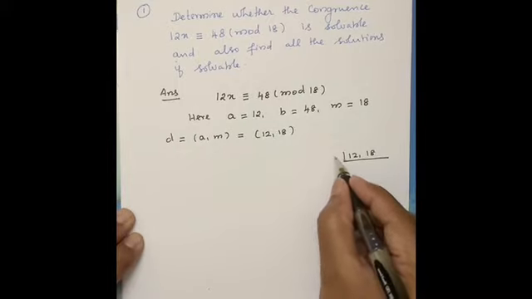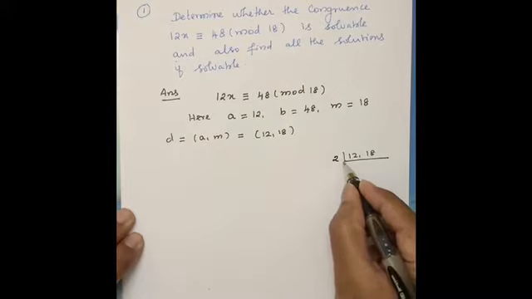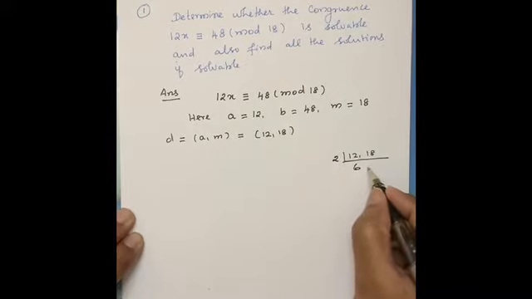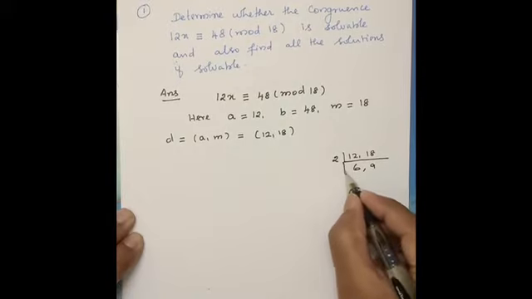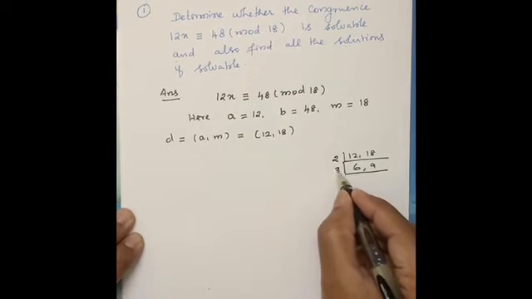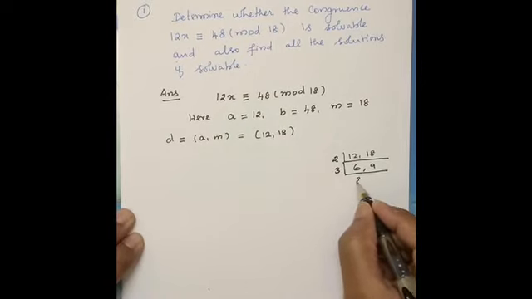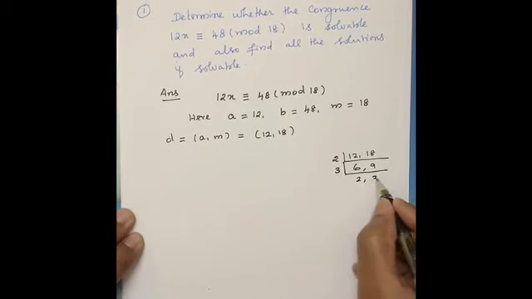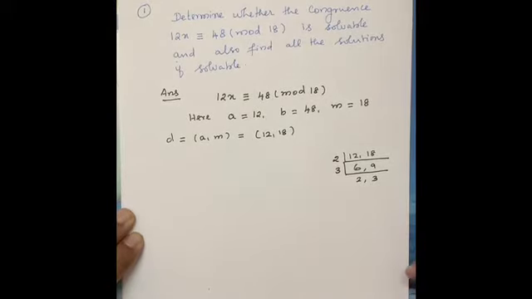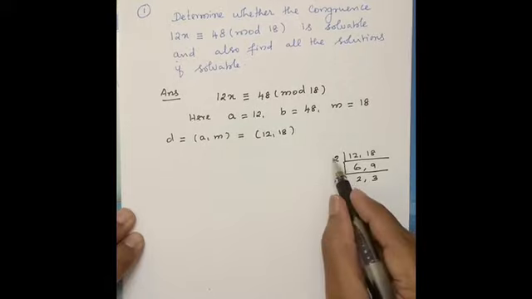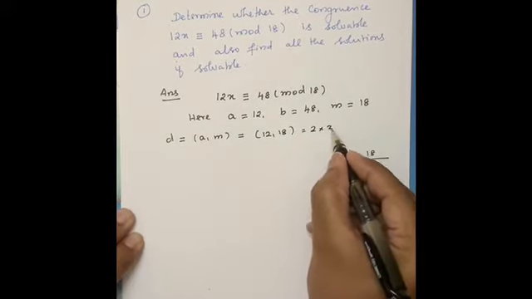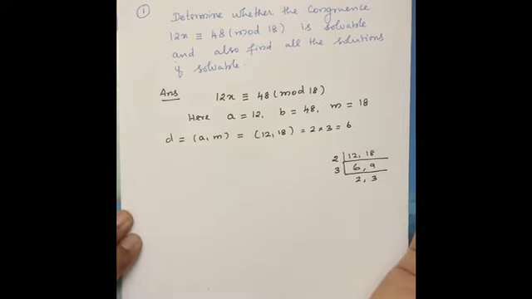Both are even, so dividing by 2 is possible. 12 divided by 2 is 6, 18 divided by 2 is 9. Again check which number divides both: 3 is possible. 6 divided by 3 is 2, 9 divided by 3 is 3. Other than 1, no number divides both, so not possible further. Collect the divisors, 2 times 3 is 6. So D value is 6.